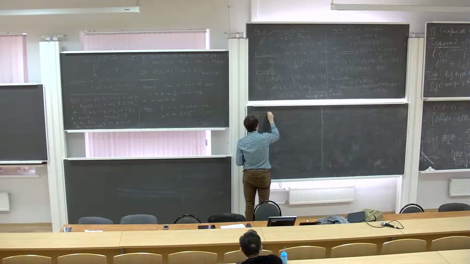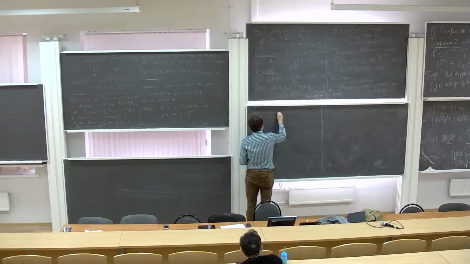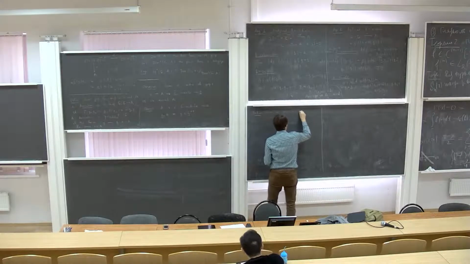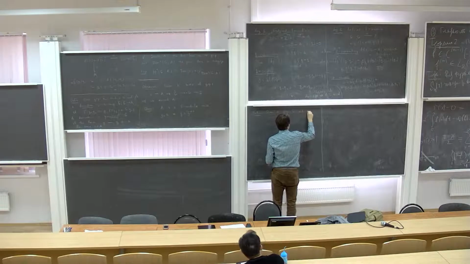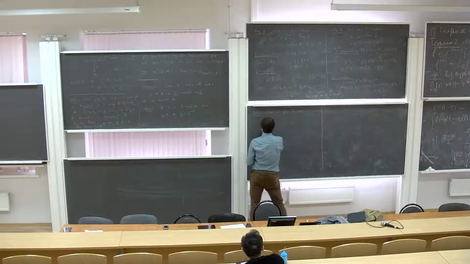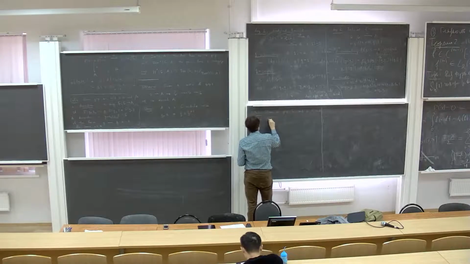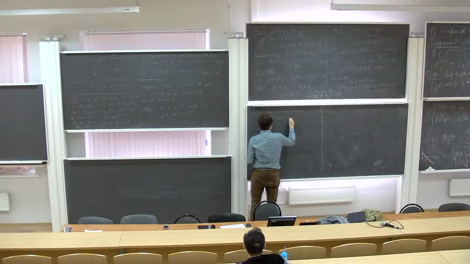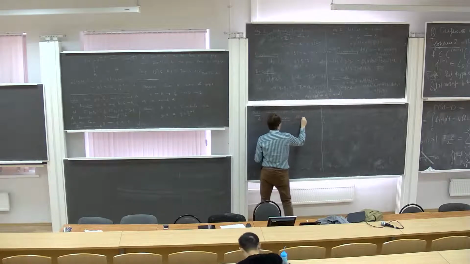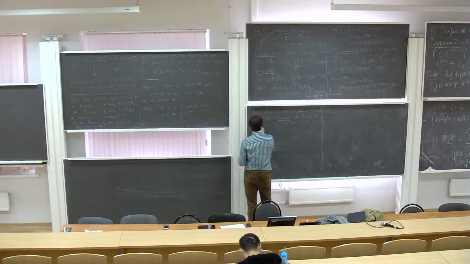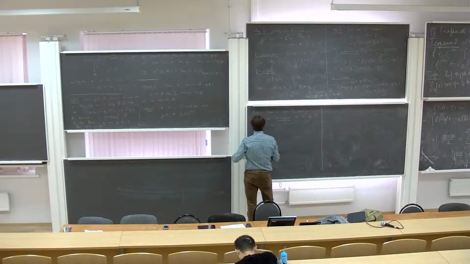So given a group G and a G module A, an extension of G by A is a short exact sequence of groups like this.